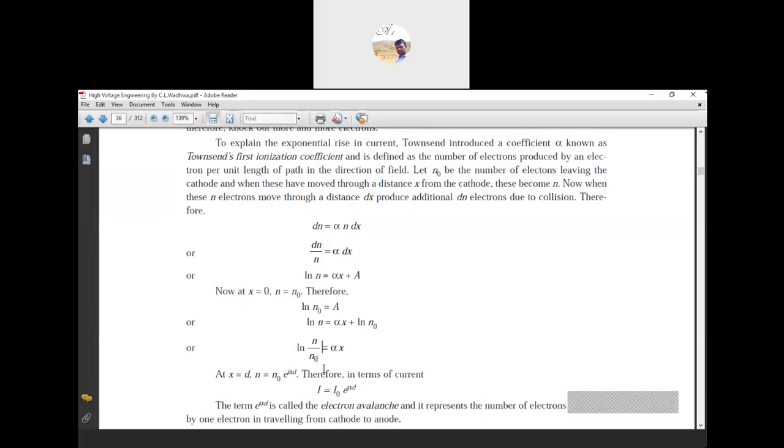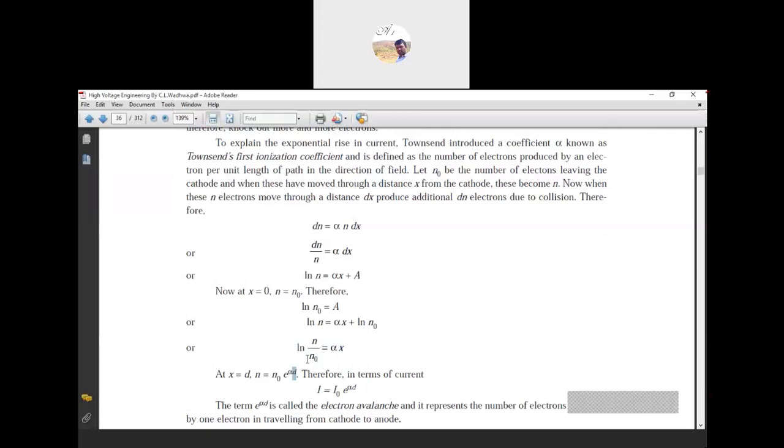From this equation we have log n is equal to alpha x plus log n naught. The log n naught comes to this side, so we have log n minus log n naught.